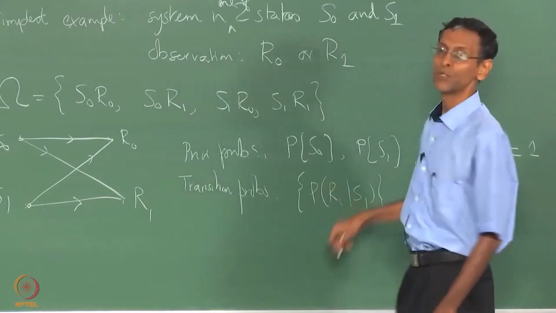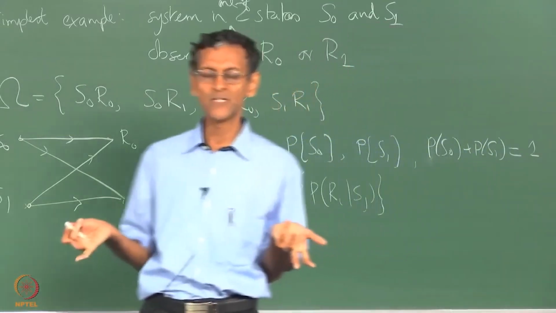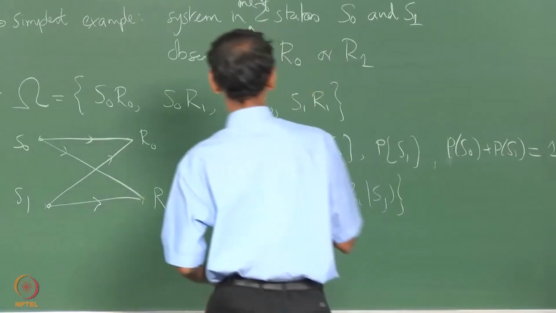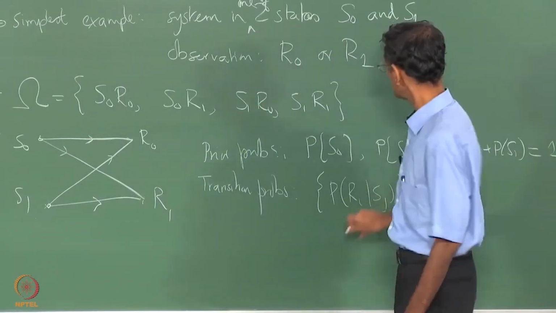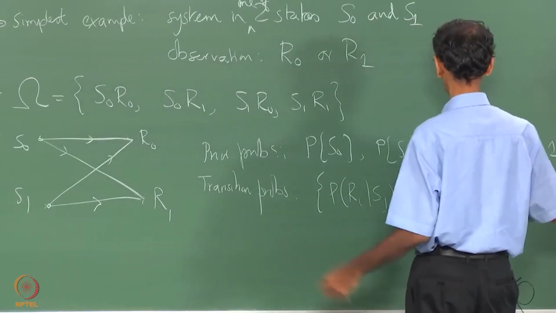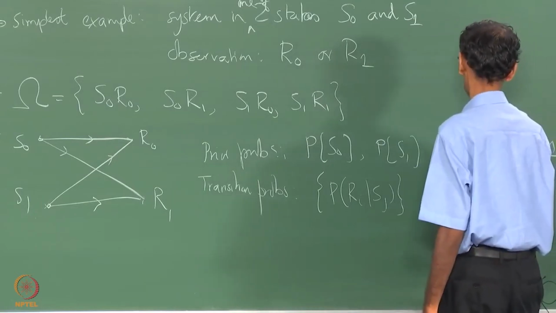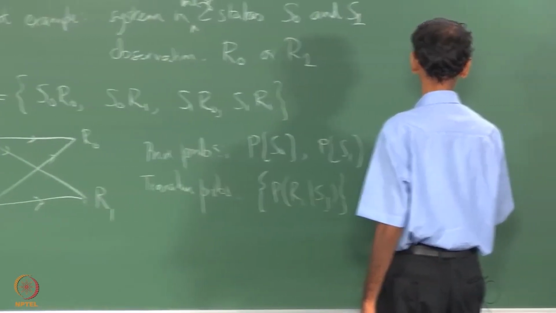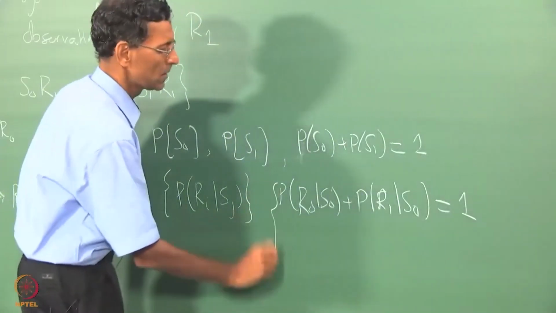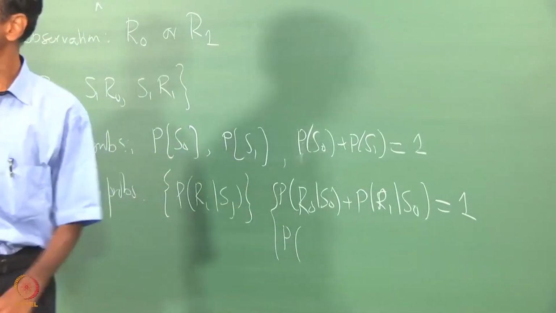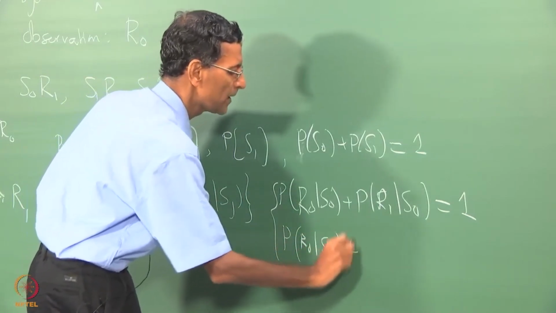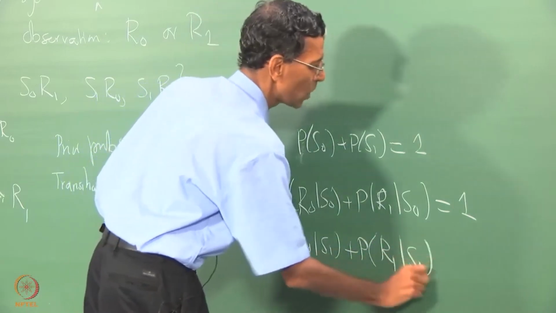Given S0, you can get only R0 or R1. I maybe didn't make this point in the last class, but let me make it now. So the probability of R0 given S0 plus P of R1 given S0 must be 1, and the equivalent statement for S1: P of R0 given S1 plus P of R1 given S1 also must be 1.